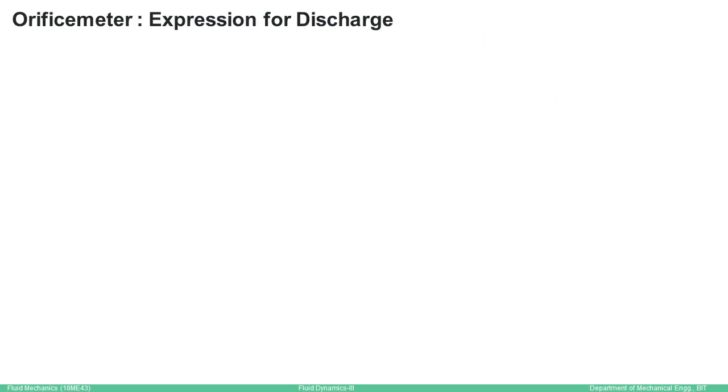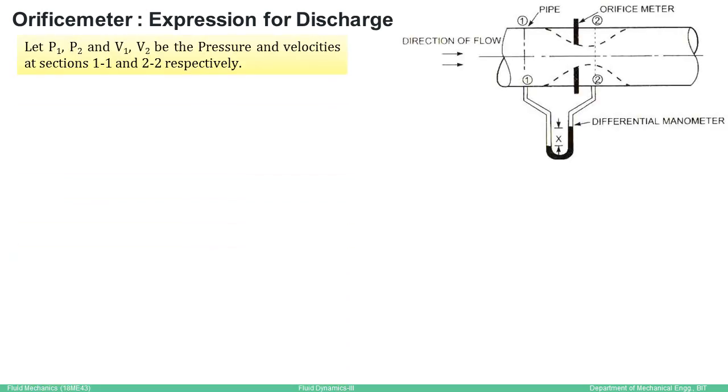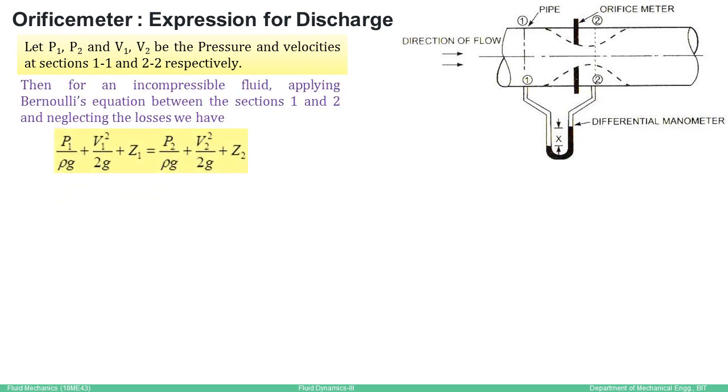We have an expression for discharge through the orifice meter. Let P1, P2 and V1 and V2 be the pressures and velocities at sections 1 and 2 respectively. Then for incompressible fluid, Bernoulli's equation between these two sections for no loss, we have this.